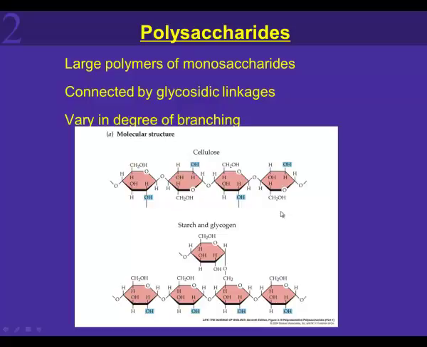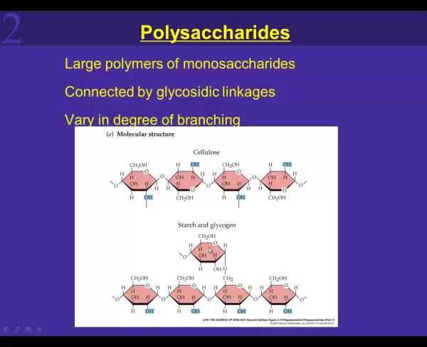In the top polymer that's shown here, this is a very straight or linear molecule. It would not have a lot of branching. This is the compound known as cellulose. By comparison, another polysaccharide, starch, and also glycogen tend to be much more branched than cellulose.